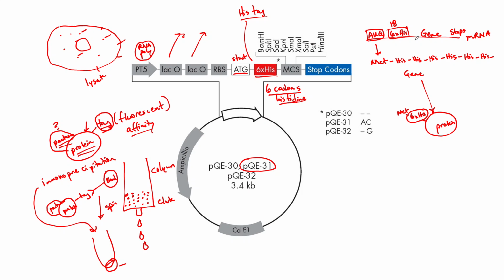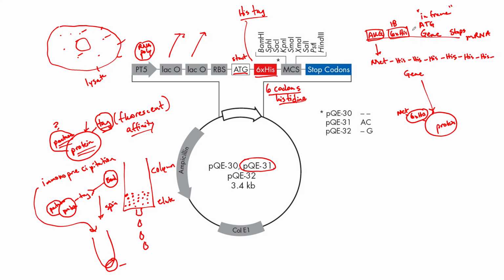Now, when you clone in a gene, you need to make sure that this gene is cloned in an orientation that's referred to as in frame. And what this means is that the start codon for your gene should be downstream from these 6 histidines by a number of nucleotides that is a multiple of 3.